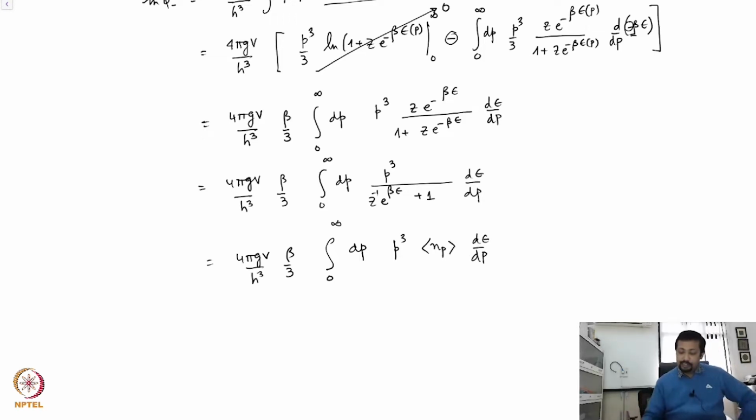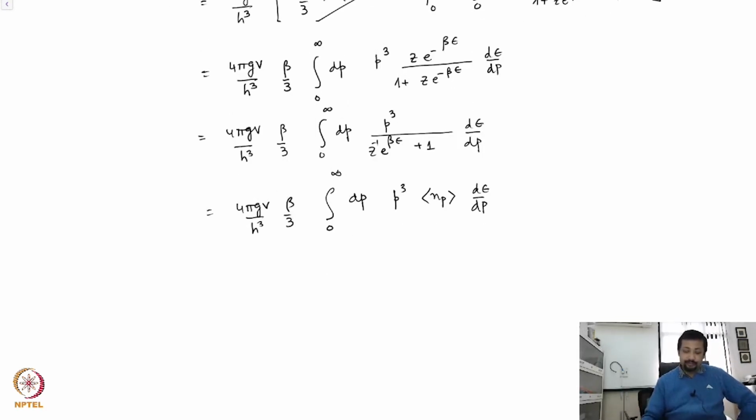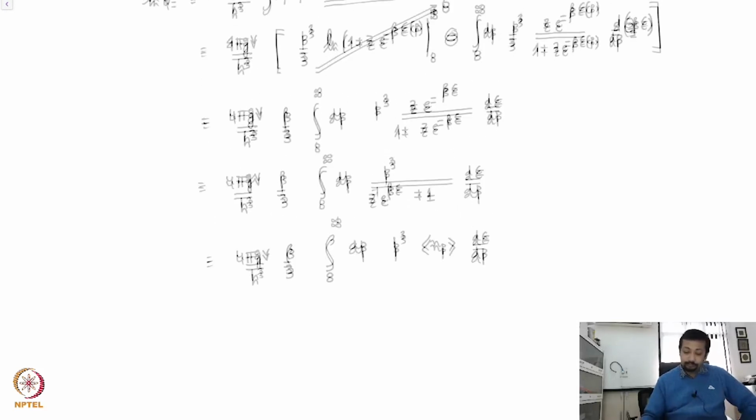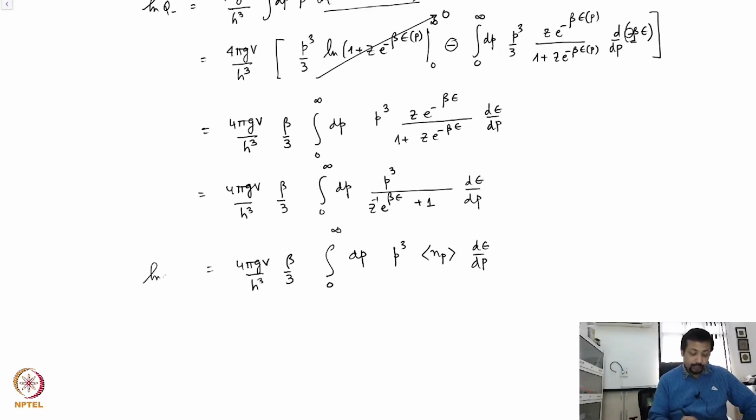We have seen this in the standard results of a Fermi gas. So this is going to be your ln of q.